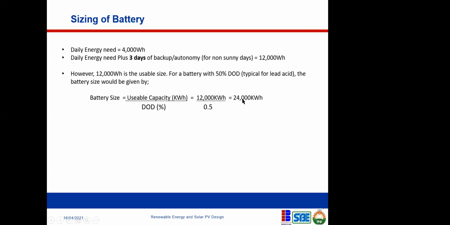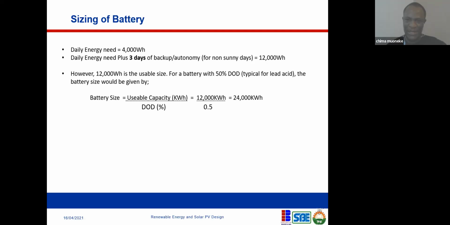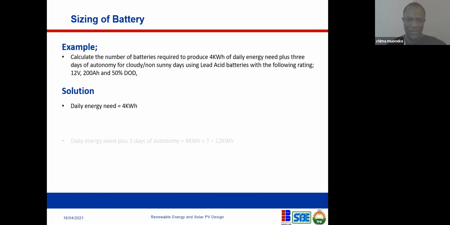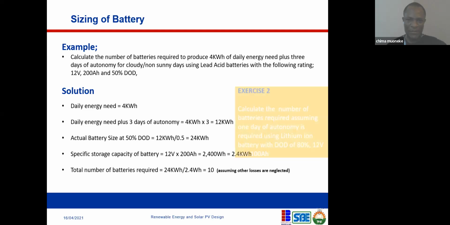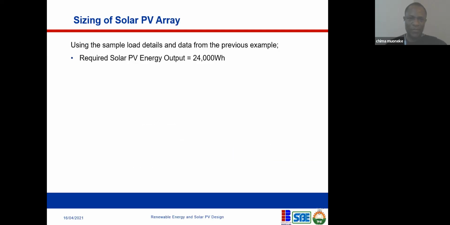That's from the load assessment that we did. So just to remind us of that, the energy that we need the PV capacity to support is 24,000 watt hour.